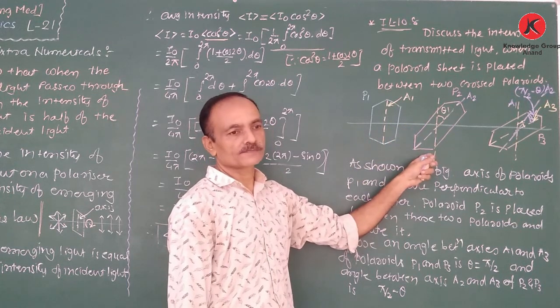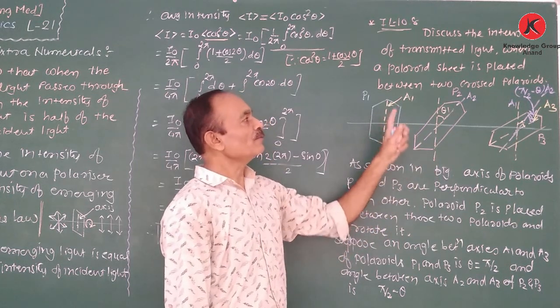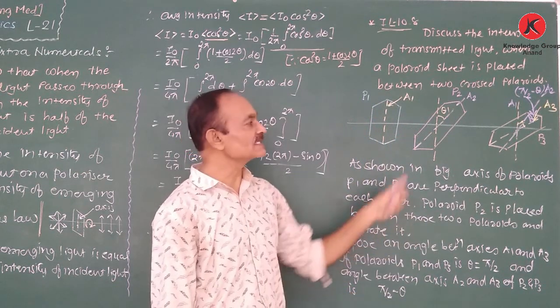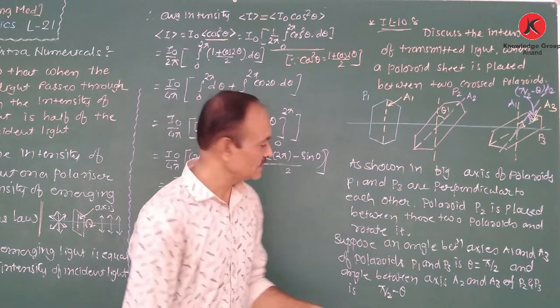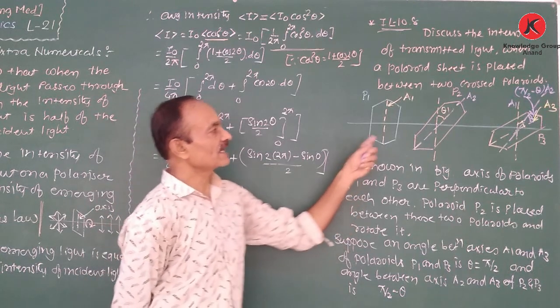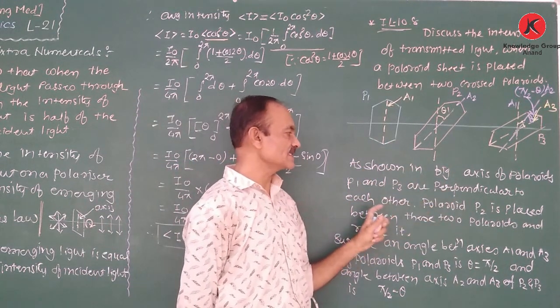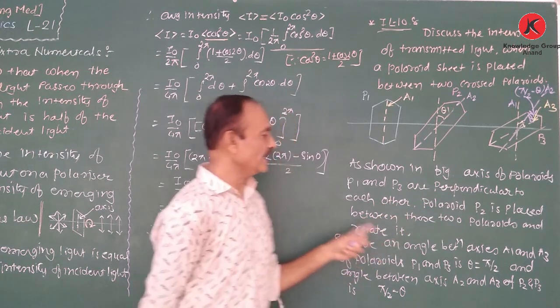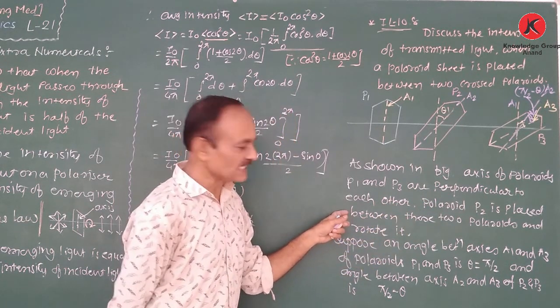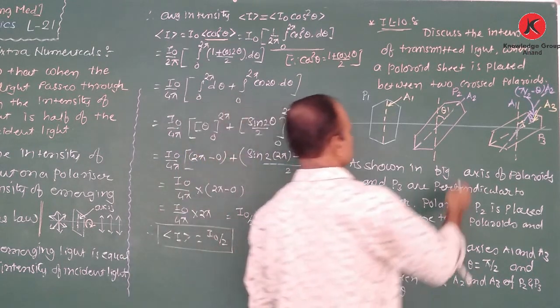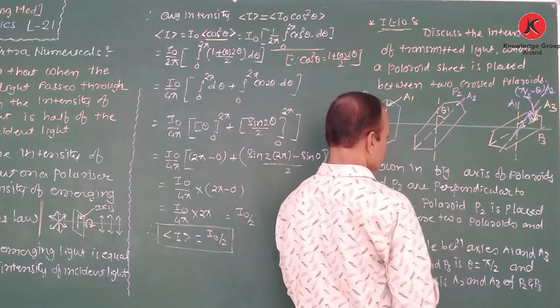We have to find the final intensity of the light emerging out of these three polarities. For that purpose, we consider P1 and P3 placed with their axes perpendicular, and P2 placed between them and rotating in this manner.